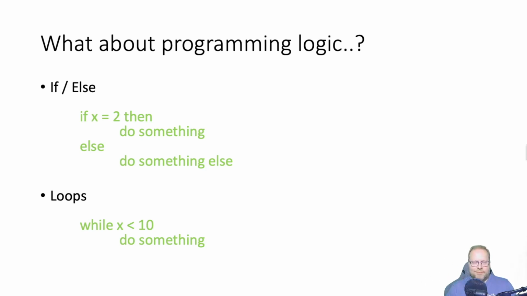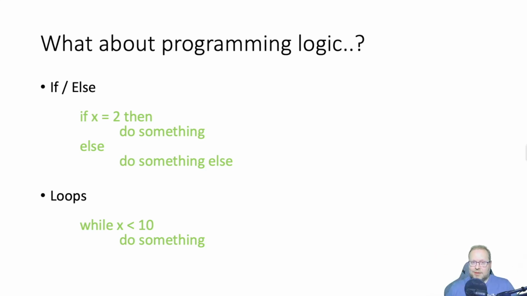So for example, if you have programmed in Java, Visual Basic, or whatever, you know that we have these decision commands: if, then, else, for example. If x equals 2, then do something. Else, do something else. So we have to have a way to decide, based on certain conditions, what we want to do in our code.